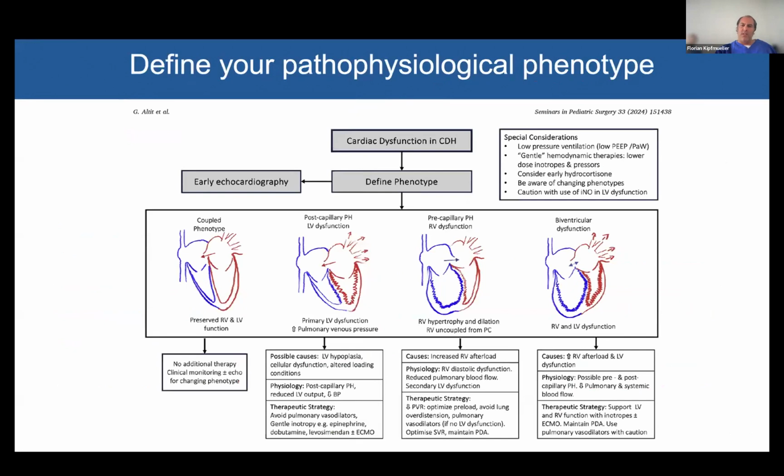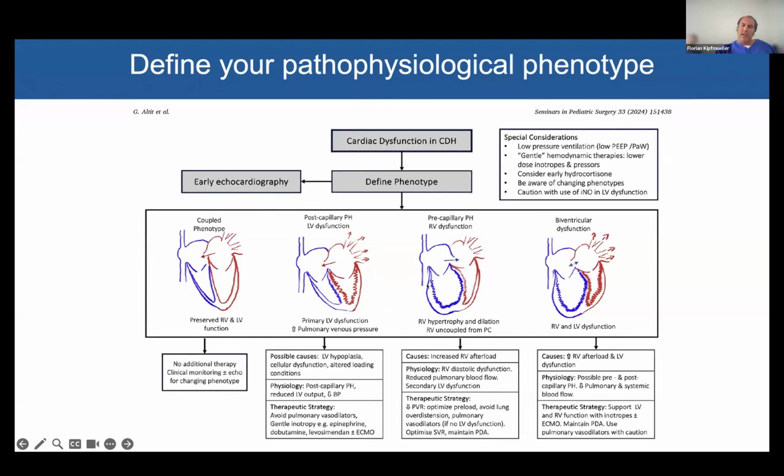In the CDH community, we came to an agreement that we want to define certain pathophysiological phenotypes. Here you can see a graphic from a paper that we published 2 years ago, which also has a figure describing these phenotypes. So you have typically the normal phenotype in the mild CDH, then you have those who have an isolated left ventricular dysfunction, which can lead to post-capillary pulmonary hypertension.